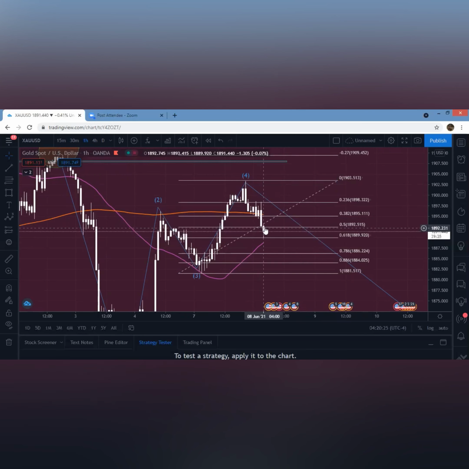And as you can see, my target, I could still hop in if I wanted to, but I'm not. My target is 61.8 here. So even on the 1 hour chart, this theory works as well. This theory actually works on any time frame.